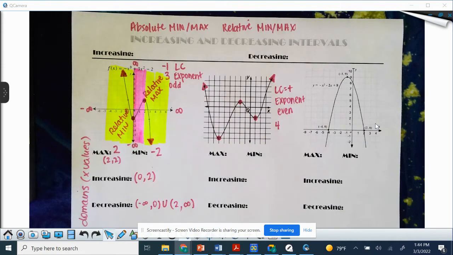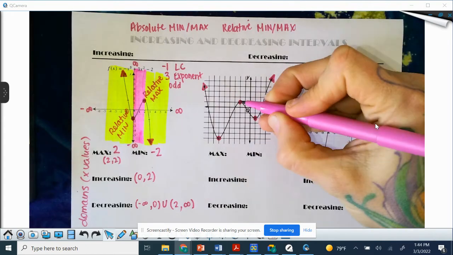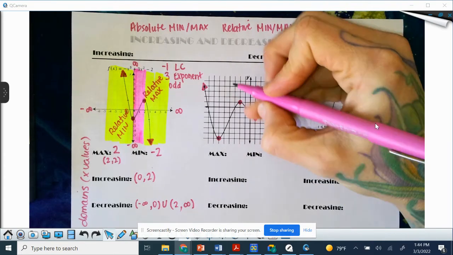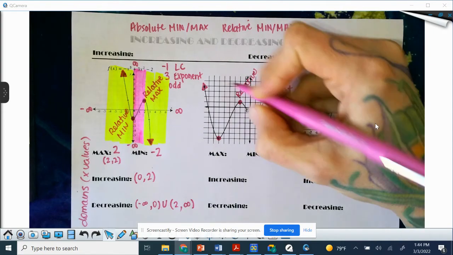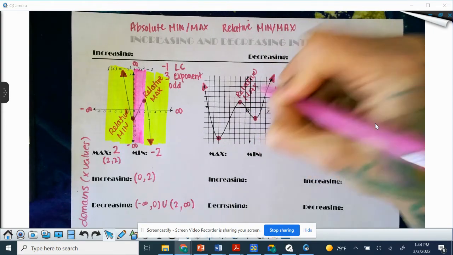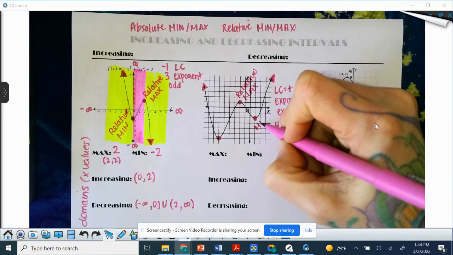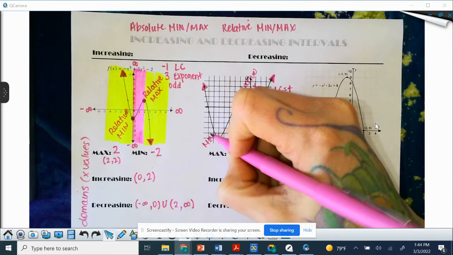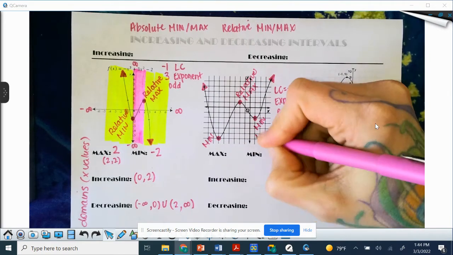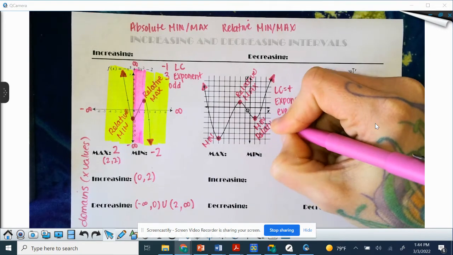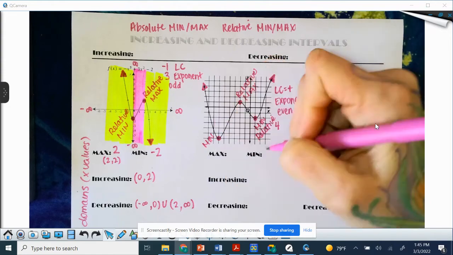Now, max and min. This is a max, but it's a relative max because, again, you have those 2 arrows. So relative max up here at the top. Then I have a min and a min. Now, this one is not as minimum as this one, so this is going to be my relative. And this one is as low as it's going to go, because everywhere that's going to infinity is going up.